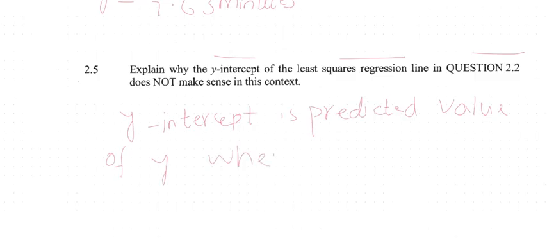So the y-intercept is a equals 3.08. This value represents the predicted time in minutes it would take to pack 0 items, x equals 0.